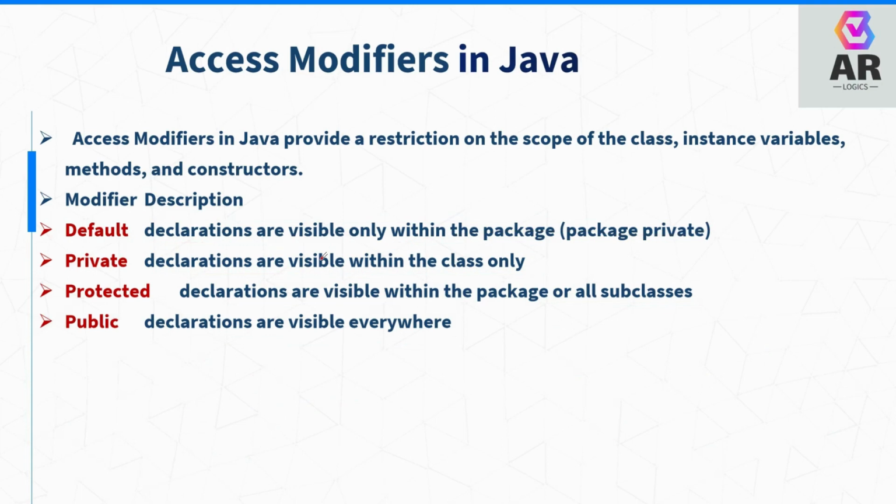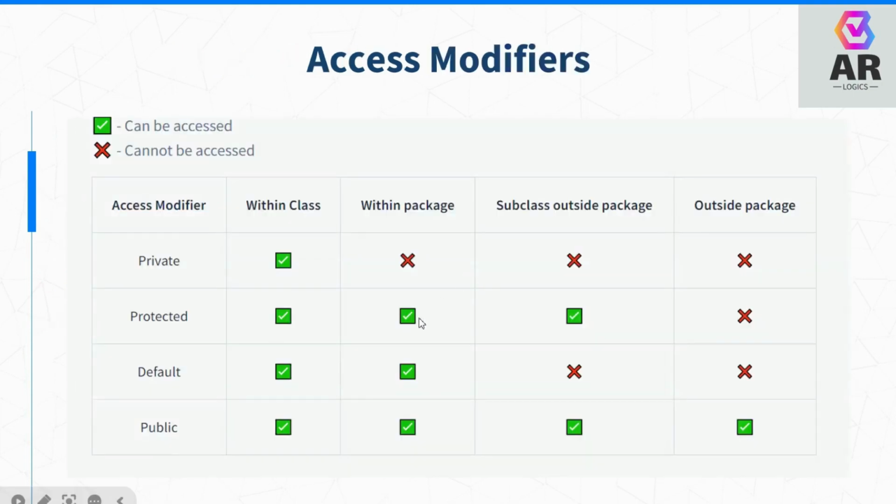Now we can go to the demo one by one. Private: accessible only within the class; within the package not accessible, subclass outside package not accessible, outside the package not accessible.